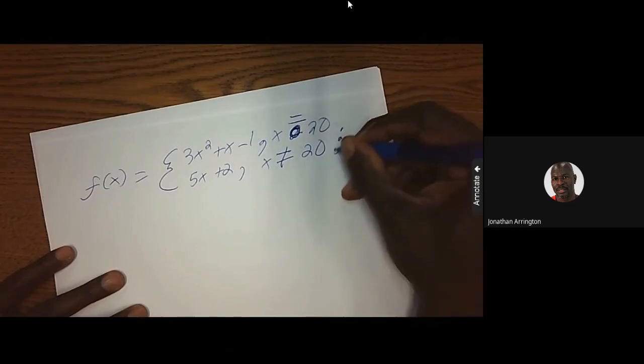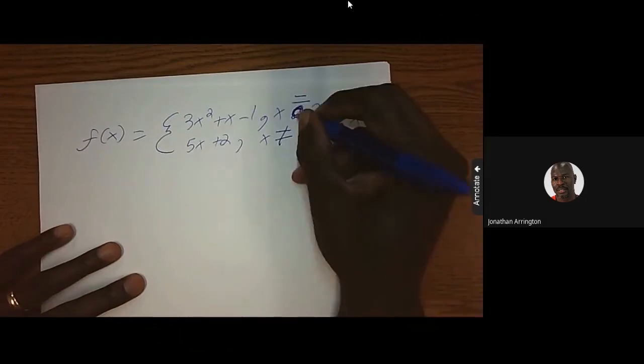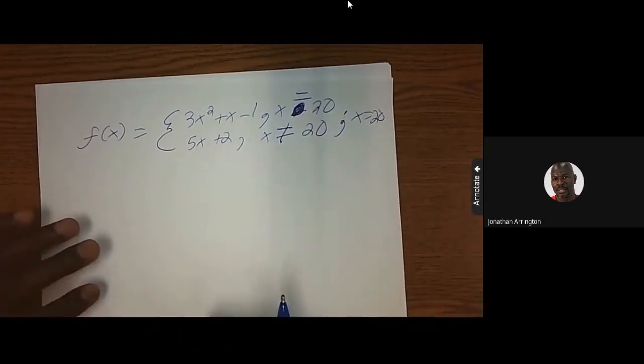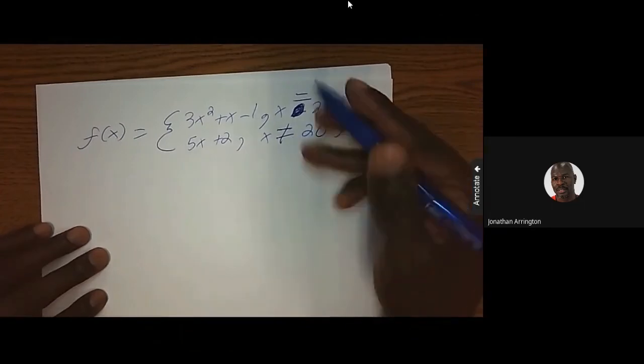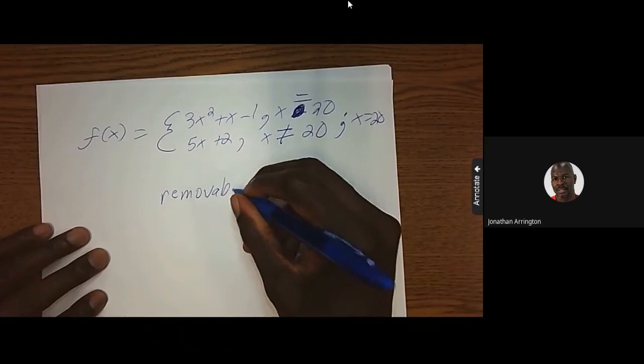And I'm going to check continuity at x equals 20. So when I do this particular problem, I see equals, not equals, and so I know the answer must be removable.